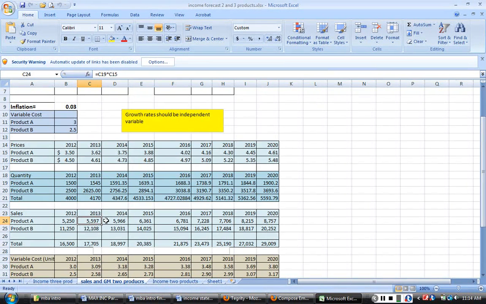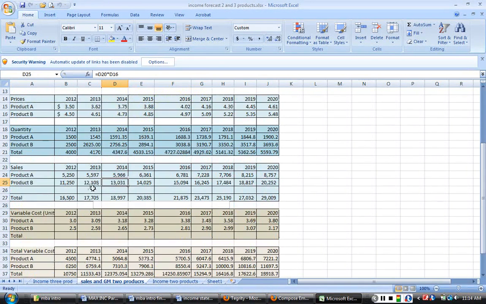I'll show you one more year. If I come over here, I need the quantity for 2014, which is D19, and the price is D15. So you are basically calculating the sales, which is price times quantity, and you do the same thing for product B.